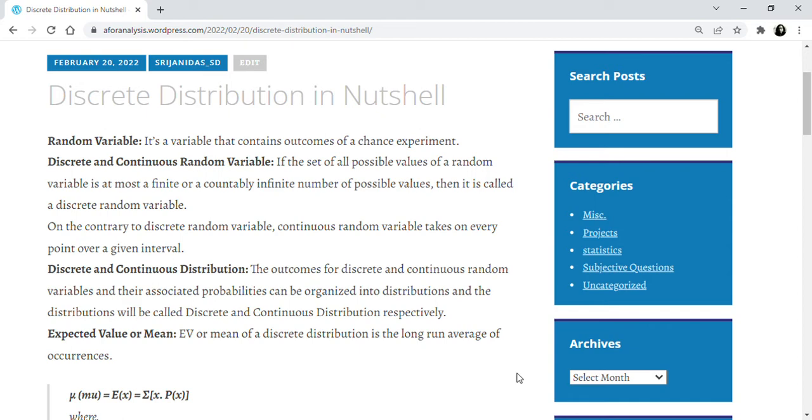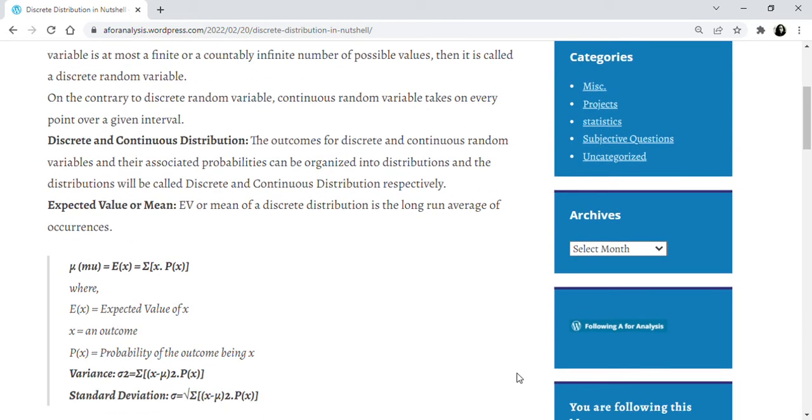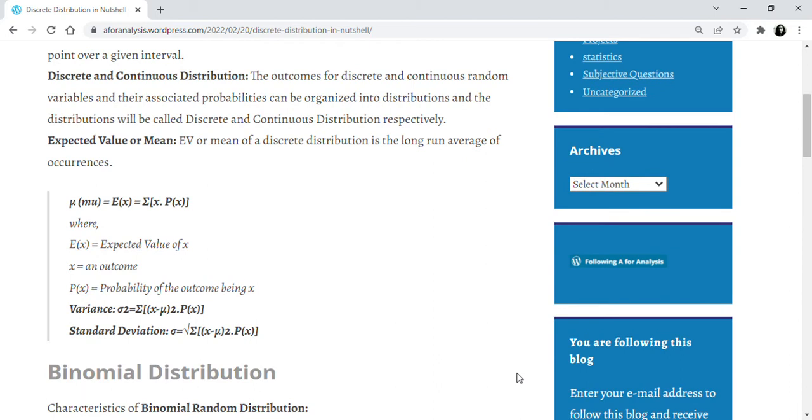Now let's talk about few more things here. First one is expected value or mean. Expected value or mean of a distribution is the long run average of occurrences. So expected value is denoted by the sign mu and it is equal to the E of x.